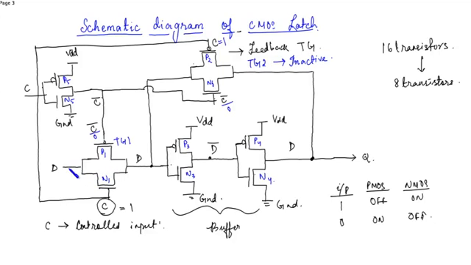So this input D will be seen in the output. When this passes over the two inverters, we'll get output as D. So the value of Q becomes D. So when C becomes 0, then C bar will be equal to 1.